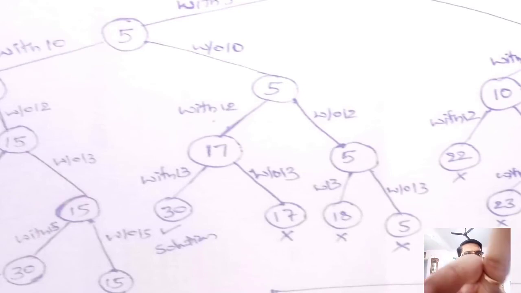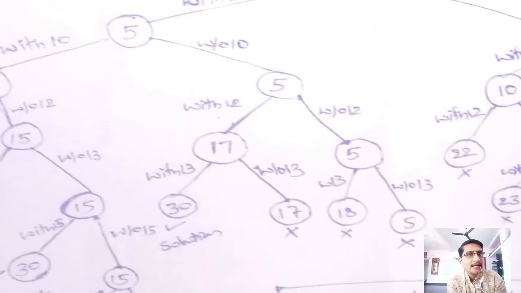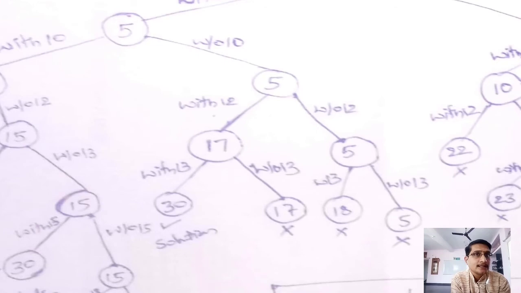The next item you can consider is 13. 17 plus 13 is 30. This is the other solution we have got, that is 5 plus 12 plus 13. So 5, 12 and 13 is one of the subsets which will give us 30. Without 13 it is 17, and the next items would make it more than that, so it will become a non-promising node.